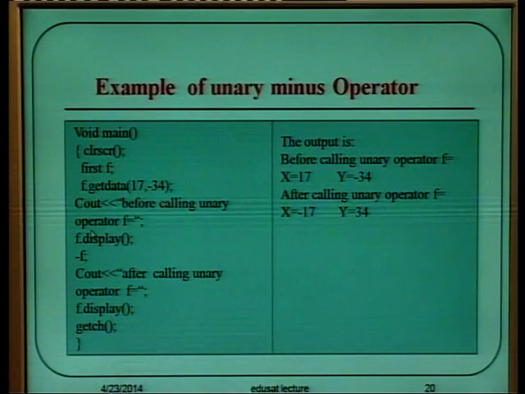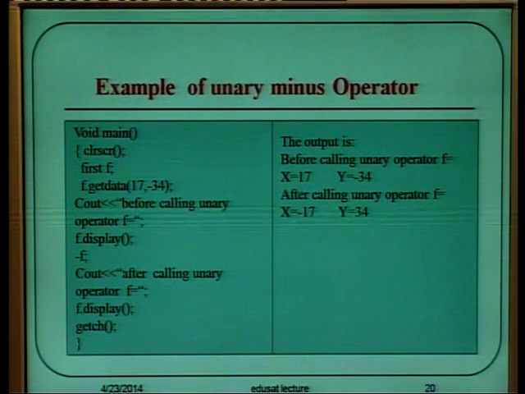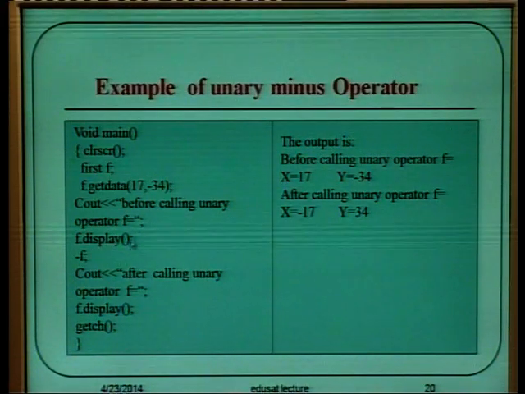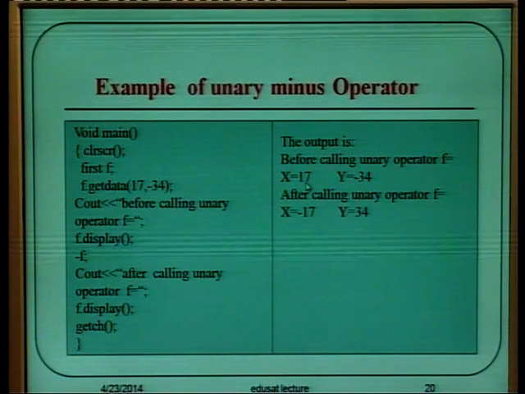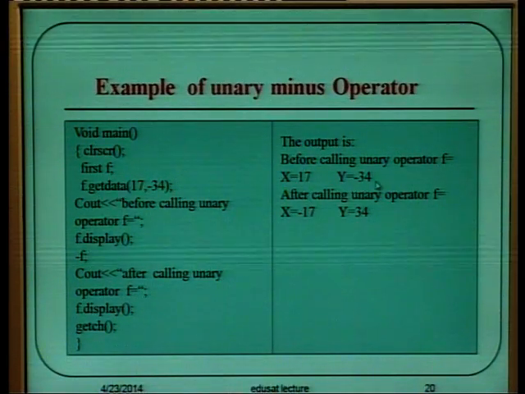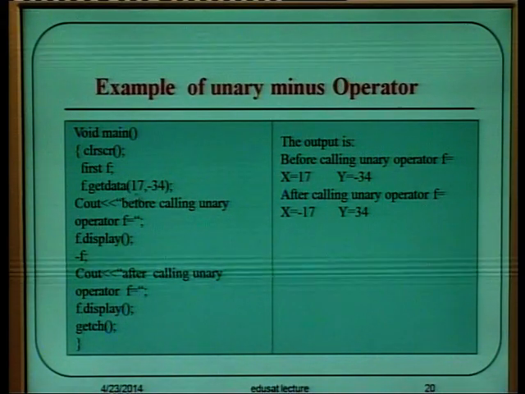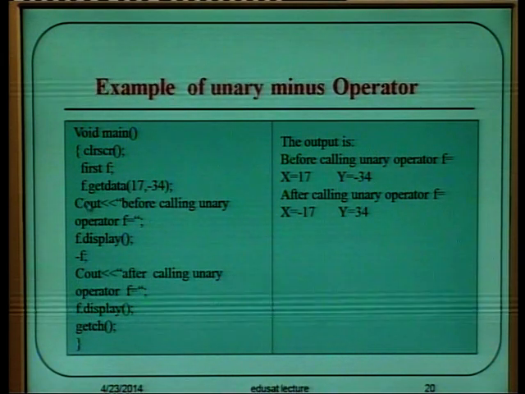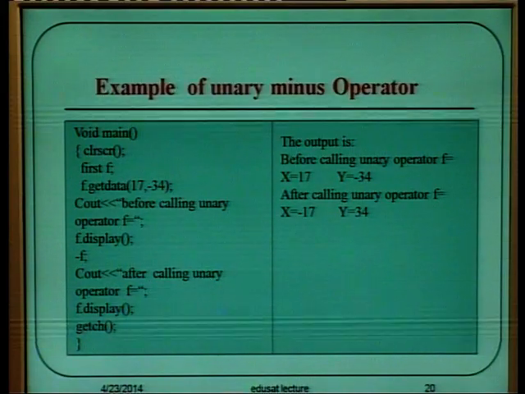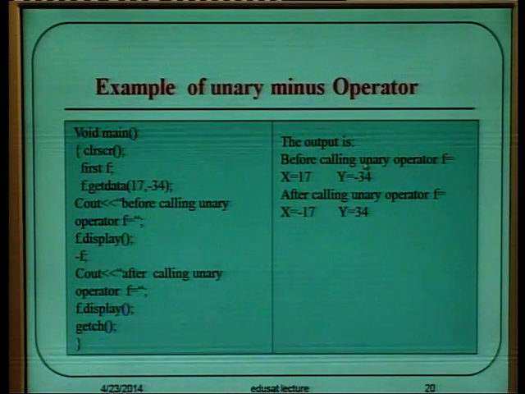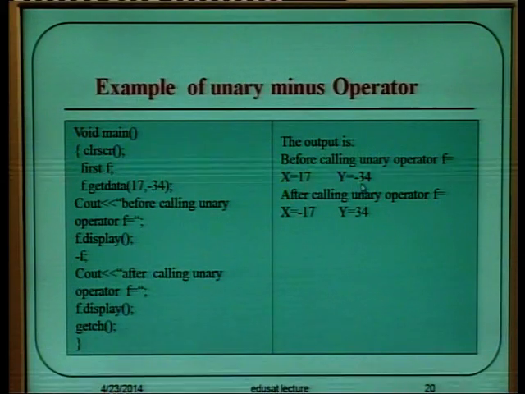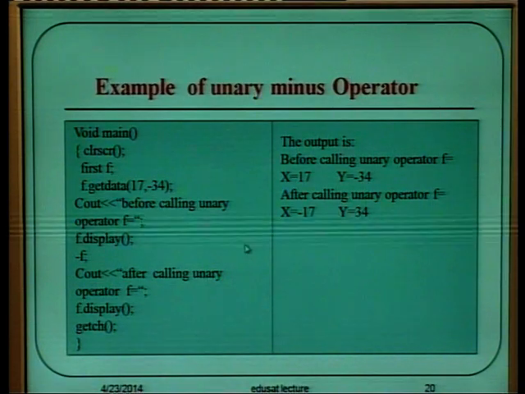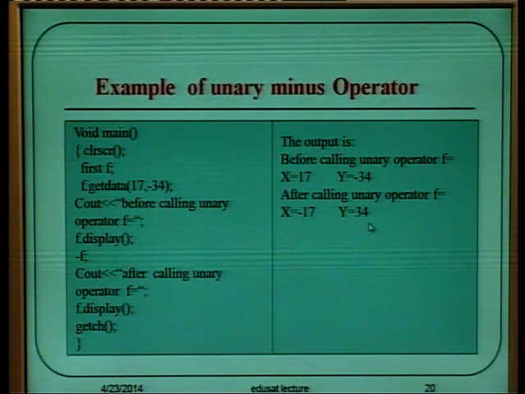Whatever value we get from the object, as it is, we display with f dot display. So x is 17 and y is minus 35. After performing these statements, the output shows x is 17 and y is minus 35. After calling the operator overloading, we get the values minus 17 and 34.